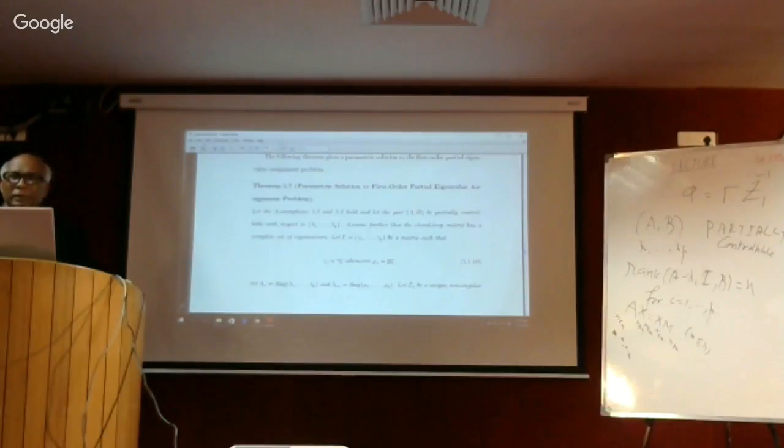That means this is how the matrix gamma has been represented. Some component has to be the complex conjugate of some other component. That's what it means. It's a small restriction, but if you follow the procedure, then the problem is solved.